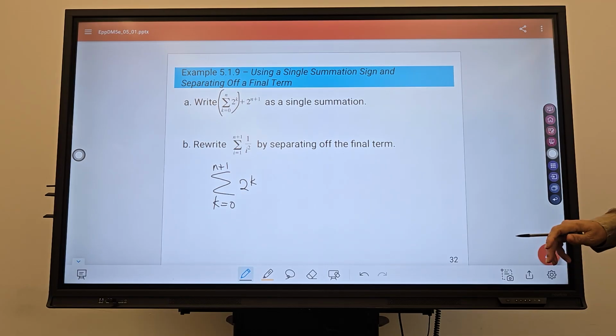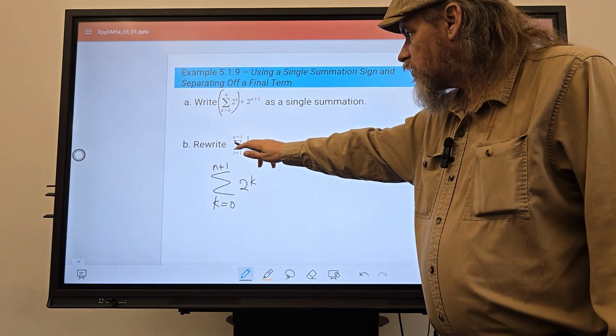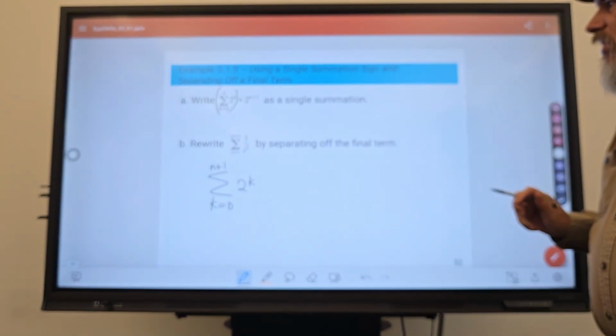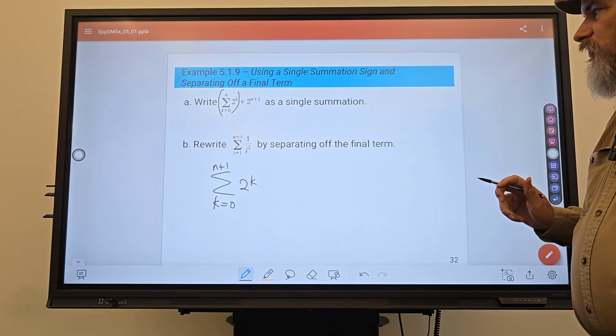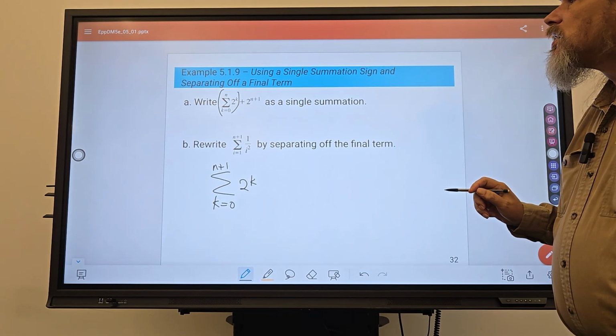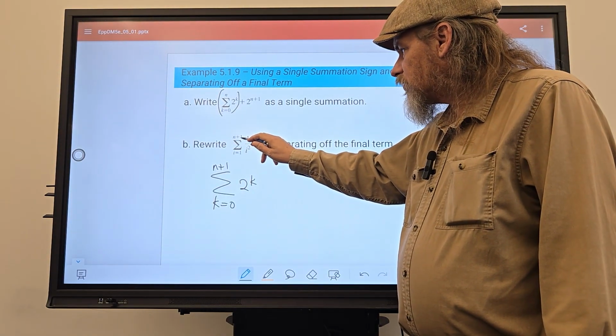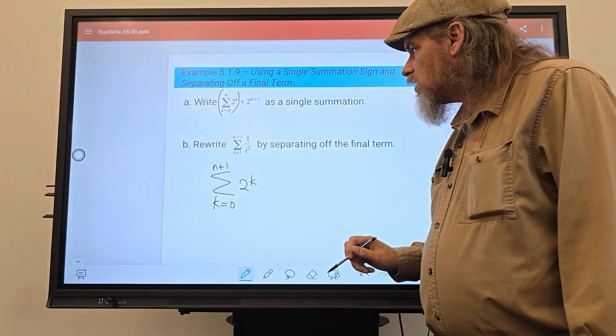So by the same token, for part b, rewriting this as in part a, by separating off the final term, you can eliminate the plus 1 from the upper limit.